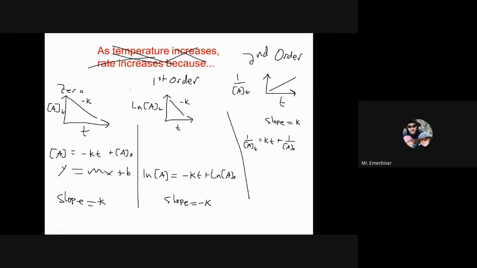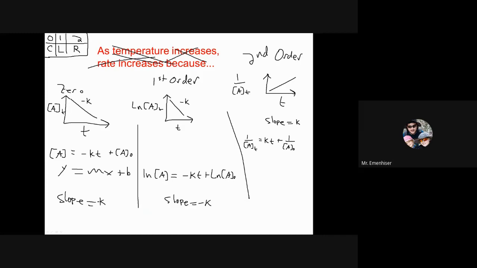And another way that I remember this is 0, 1, 2. Zero order reaction, first order reaction, second order reaction. Which things will make a straight line graph for a zero order reaction? It will be the concentration. So C. And then for a first order reaction, the only way you're going to get a straight line is if you do the natural log.